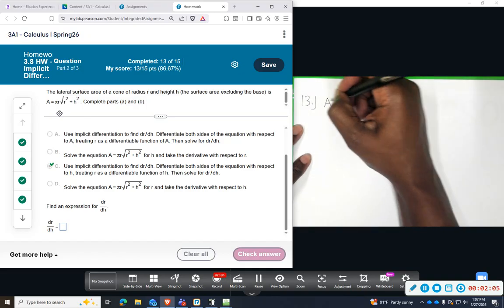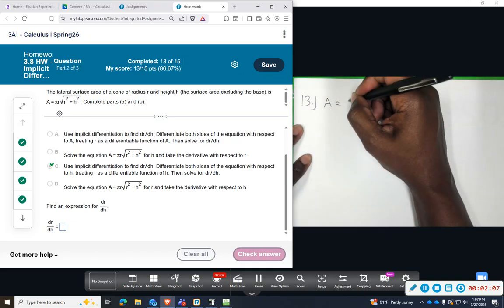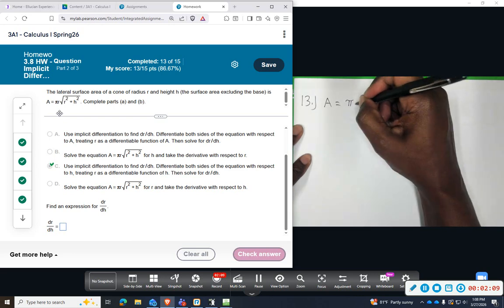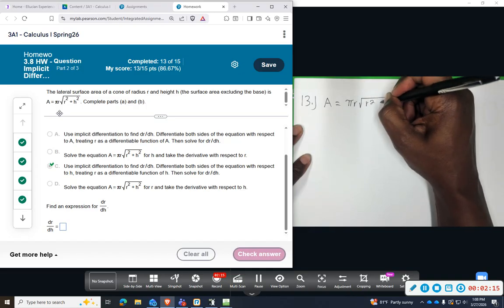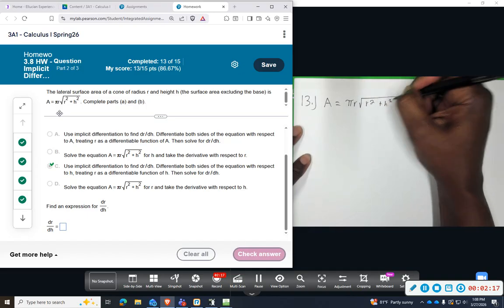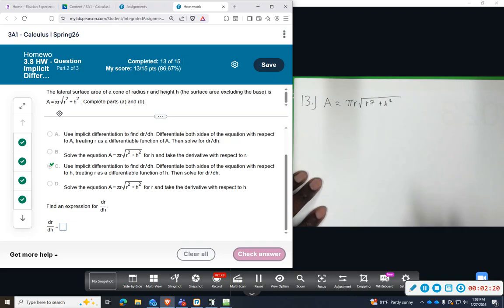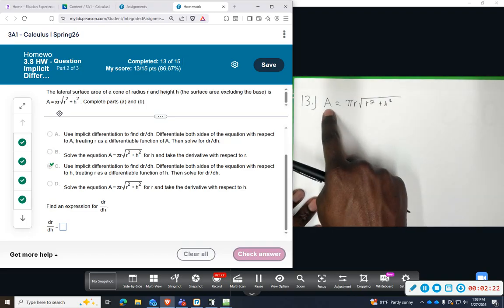A equals pi times r times the square root of r squared plus h squared. Now, when we take the derivative, normally we would have a dA/dh.